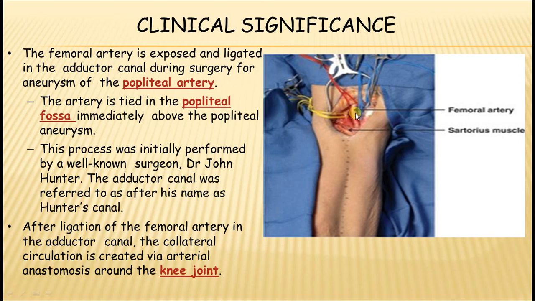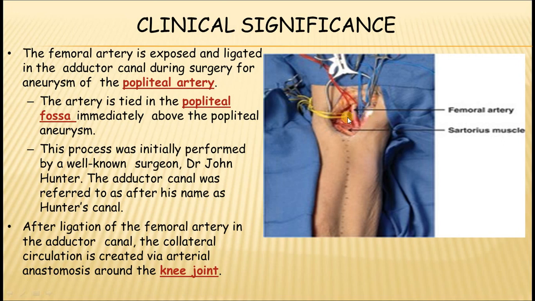So the femoral artery is exposed and ligated not only to treat popliteal aneurysm but also to control any bleeding of the popliteal artery. John Hunter was the first to perform this procedure in this region, so that is why it is also named Hunter's canal.